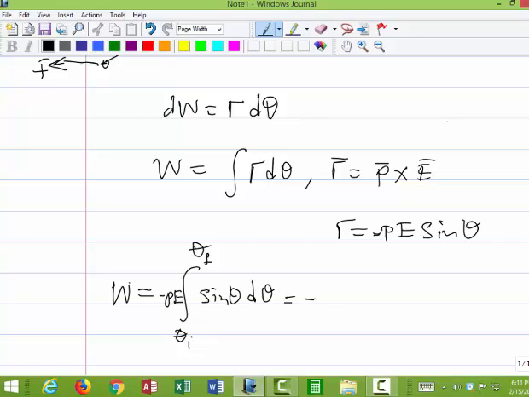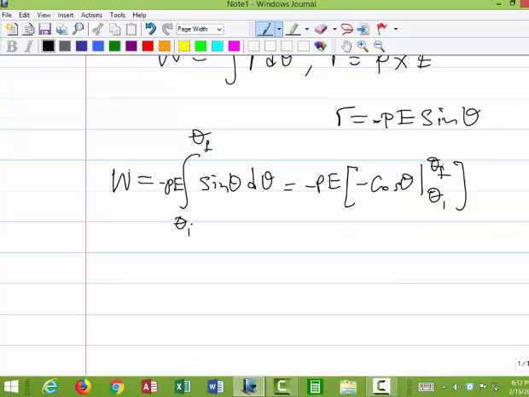So this becomes minus PE, and then the integral of sine theta is negative cosine theta, evaluated from theta I to theta final.